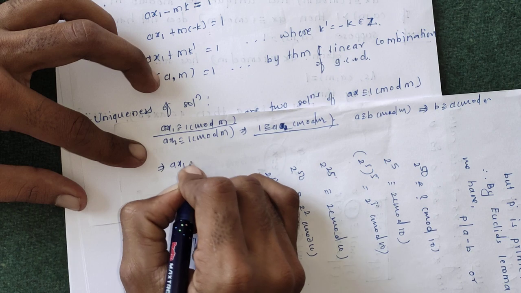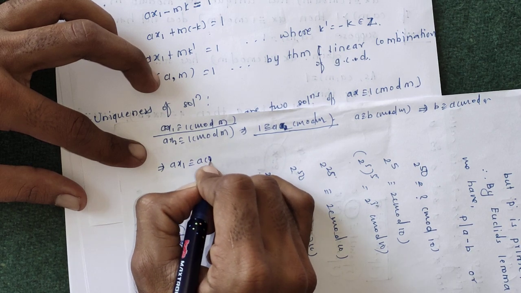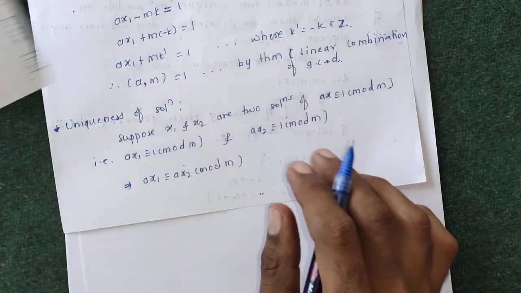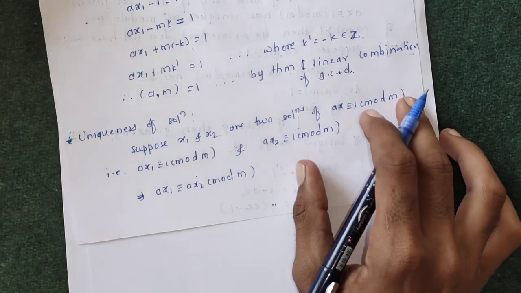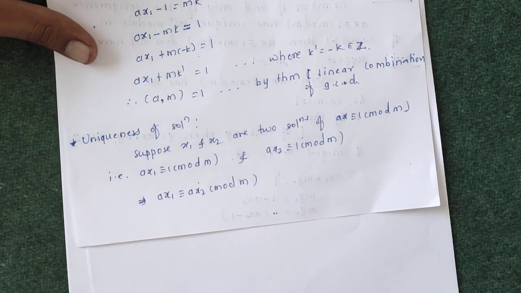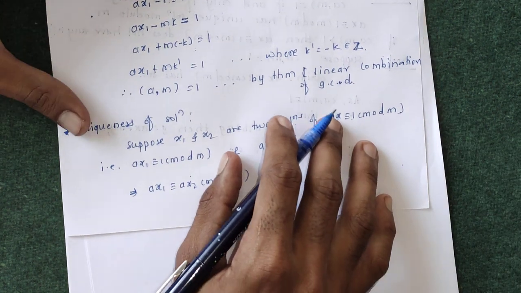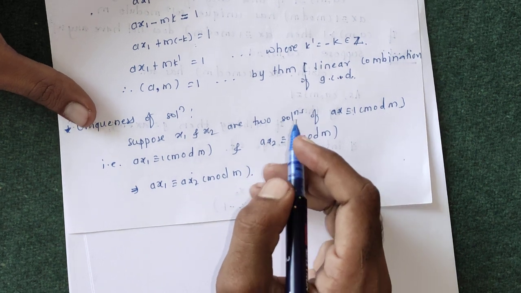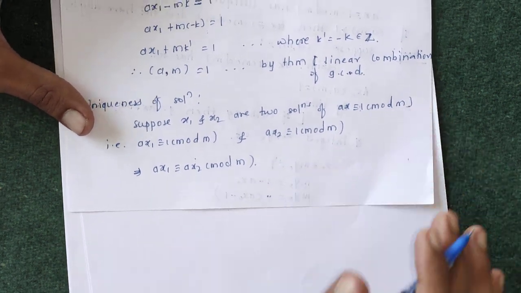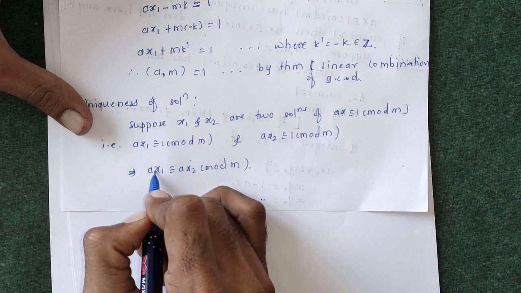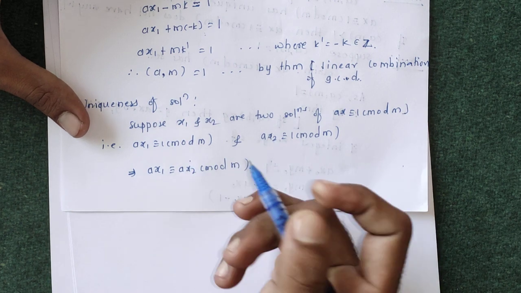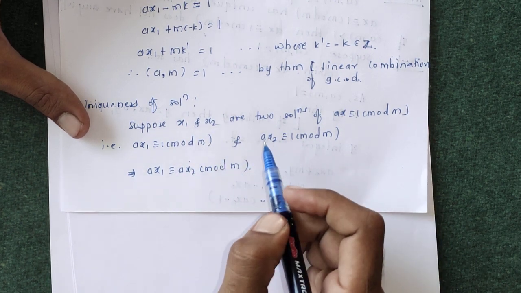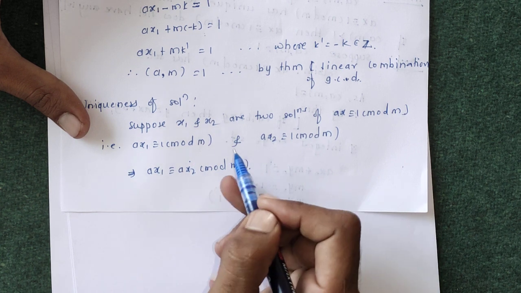Using that result, I can write ax1 is congruent to ax2 modulo m. So instead of doing all these calculations, I can write it directly as ax1 is congruent to ax2 modulo m. And if from this step we get x1 is congruent to x2 modulo m, then we are done. That is what we were willing to prove, that these two are congruent to each other.